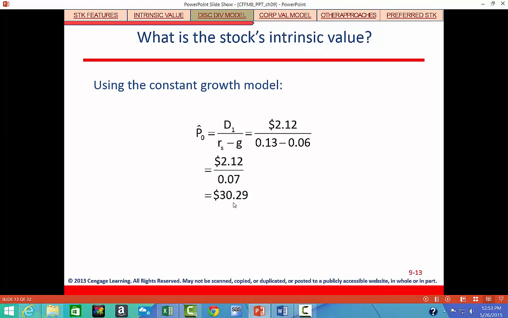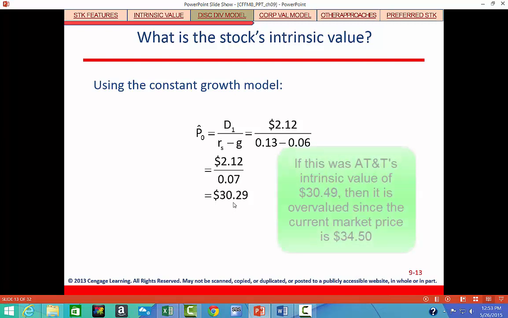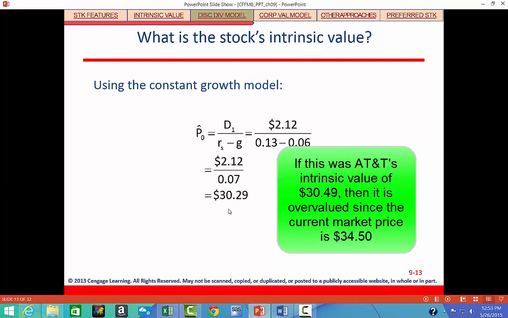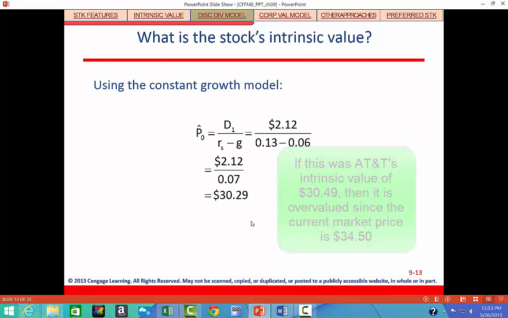So if I go back to my PowerPoint, I believe it's only worth $30.29. So I would say that this stock is overvalued, and I wouldn't want to pay $34 for a $30 stock. So I would avoid this stock, or if I held it, I would believe it would go down to $30 and I would sell it.